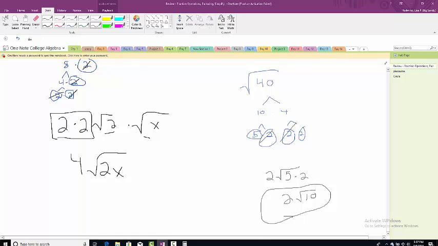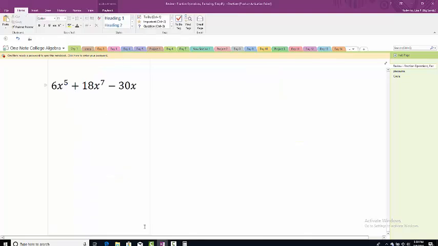So that's simplified. And the last thing I want to show you is factoring. We're going to look at factoring. So factoring is the opposite of the distributive property. When we distributed, we were multiplying the outside number to the inside terms. We're going to do the opposite of that. Okay, so to do this, we look at each term to see what number they have in common that divides into each one.